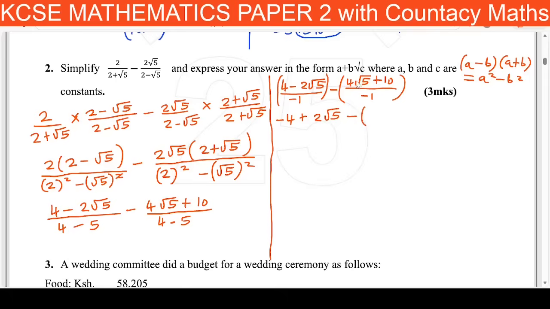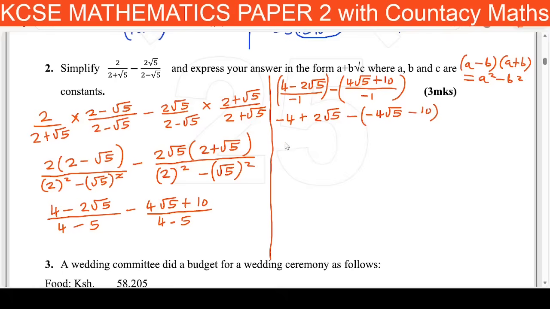Let me open up these brackets for you. This is a part where you have to be very careful so that you don't make an error. So we have 4 root 5 divided by negative 1. That's going to give you what? It's going to give you negative 4 root 5. And finally, we have 10 divided by negative 1. That's going to give you negative 10.